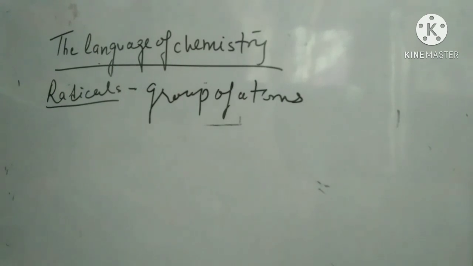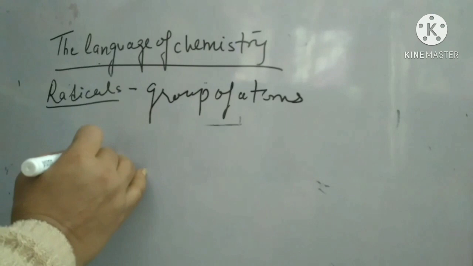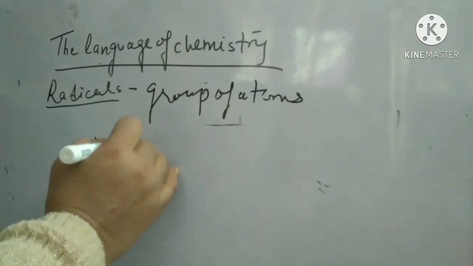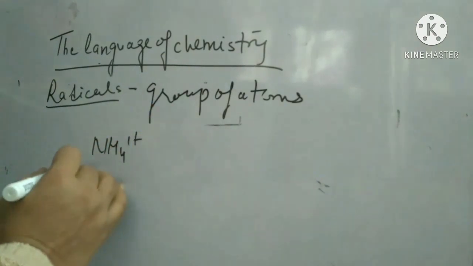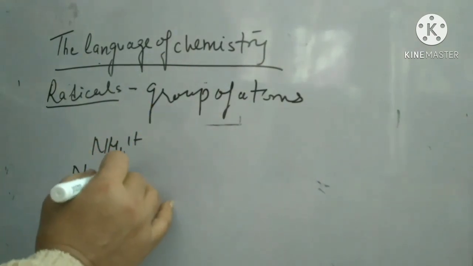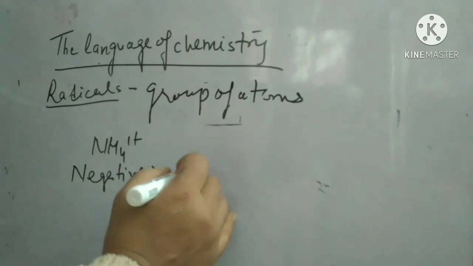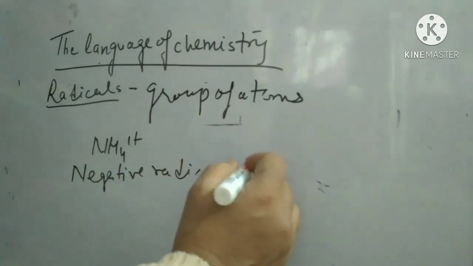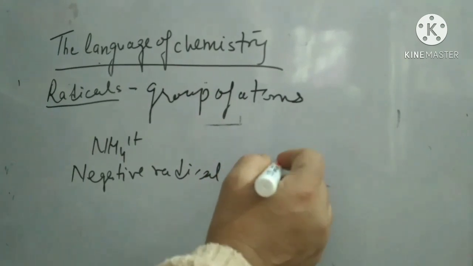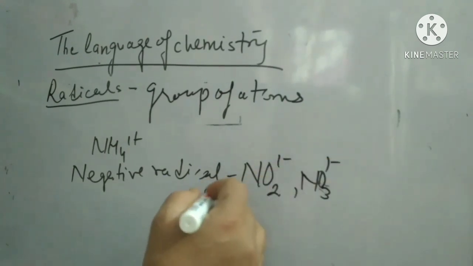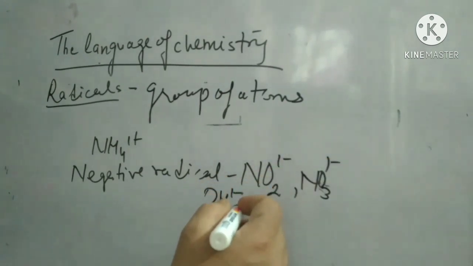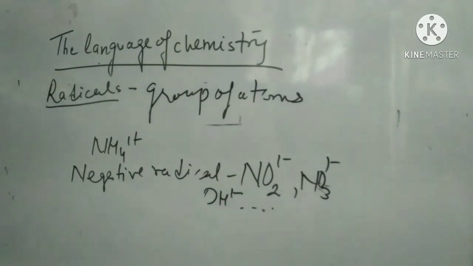Positive radical, if I say ammonium NH4 1 plus, and negative radical, that is nitrite, nitrate, hydroxide, and so on.